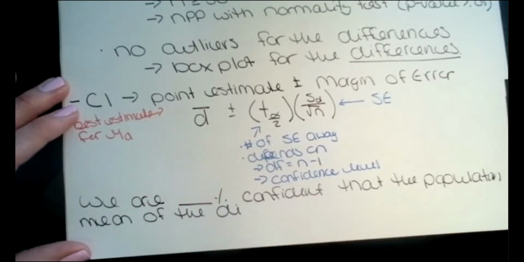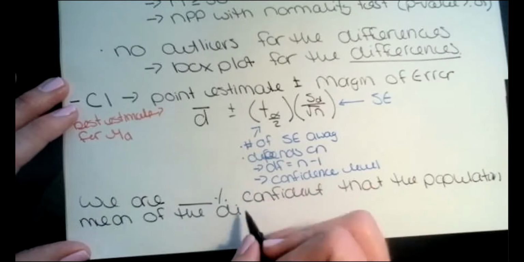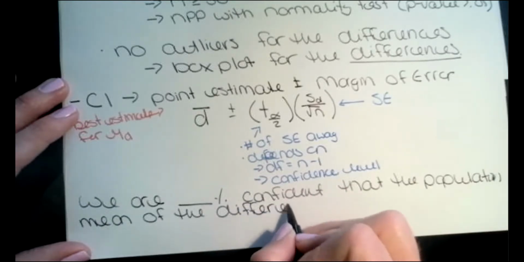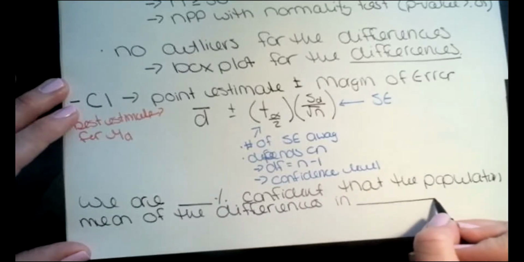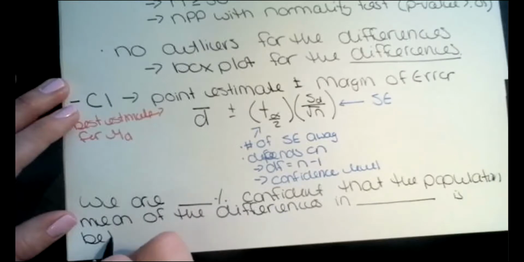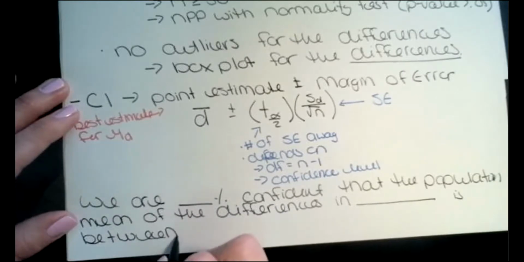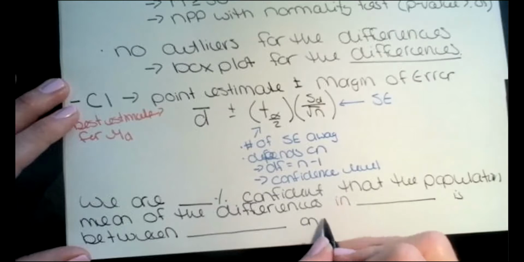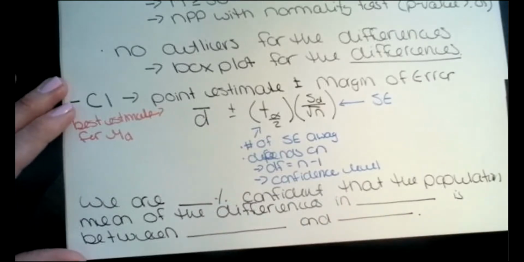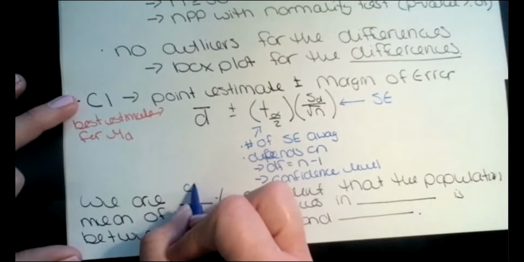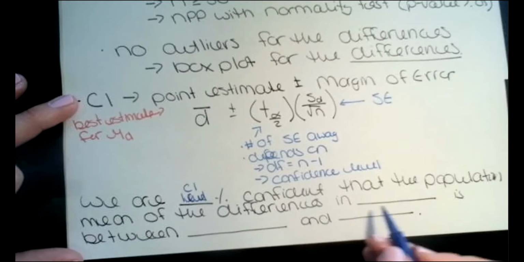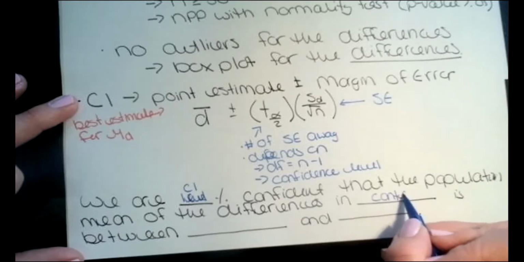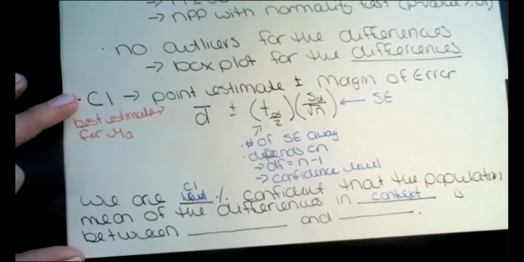Or some people say mean difference. I love that. That's completely fine. In, and then you're going to have your context, is between your lower bound and your upper bound. CI level goes here, right? Nothing new with that.